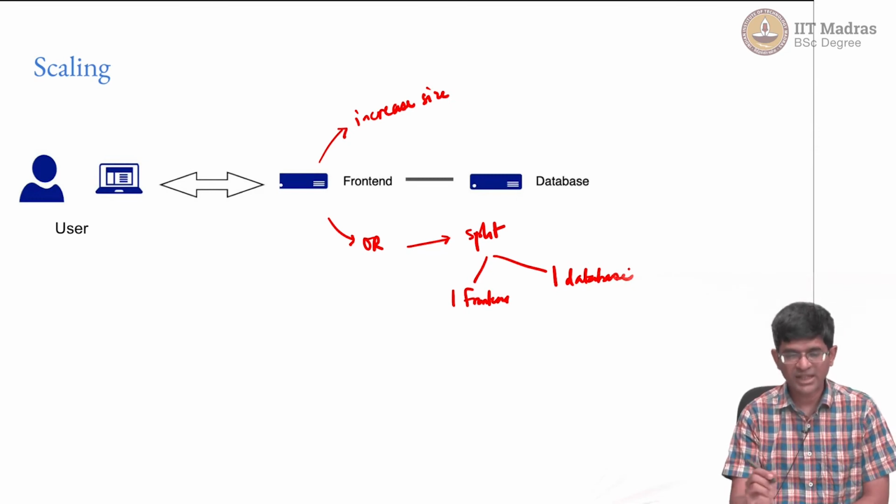And by splitting it in this way, what you are saying is that look, the database by itself requires a certain amount of RAM, it also requires some hard disk space for storage. Now the front end on the other hand might have slightly different requirements, it does not require a whole lot of hard disk because it is not storing data. On the other hand, it is getting a lot of network connectivity, which means it has to have a very high bandwidth network connection.